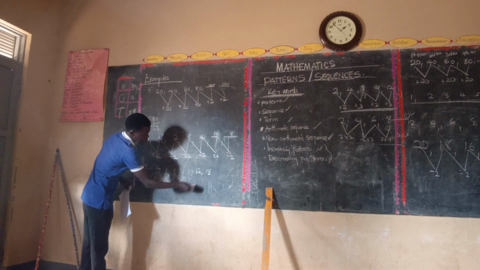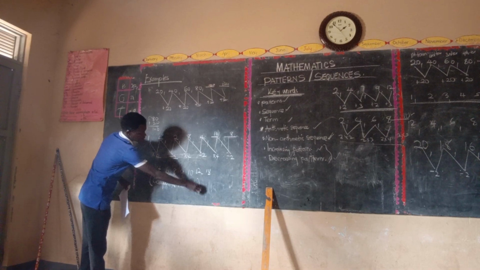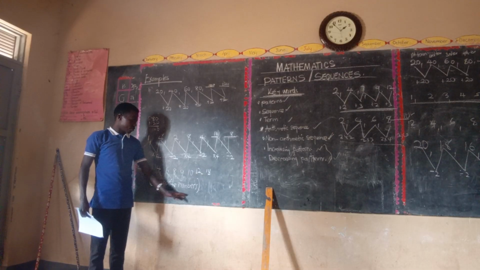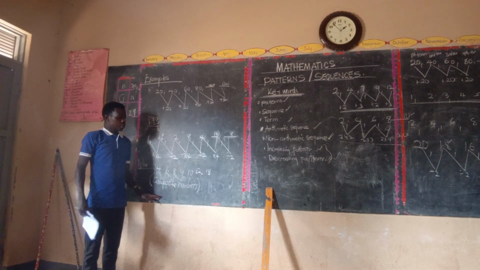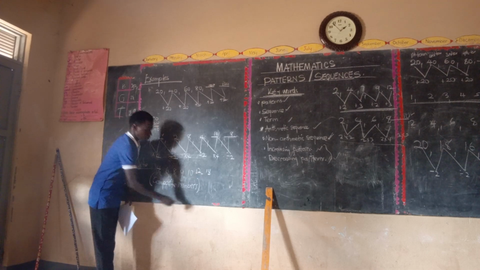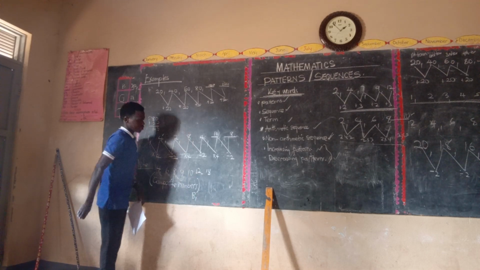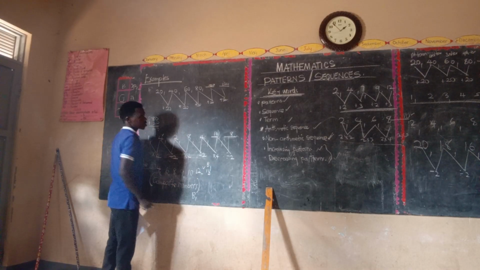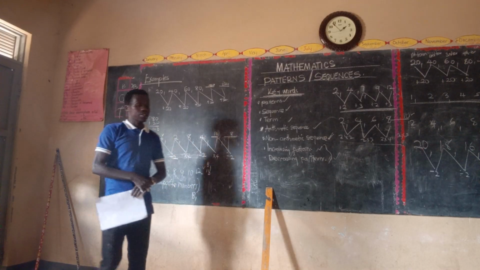These are composite numbers. So when we are marking, we are looking at the number, and we shall also look at the reason why we put 12 and 14. If the reason is correct, from the reason here we are going to give you bonus 1. Then from the missing value that you got, we shall also award you some marks.